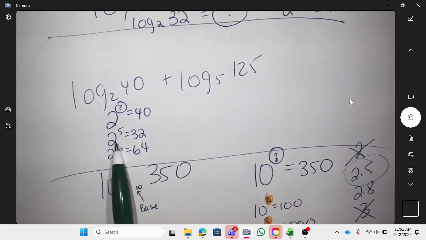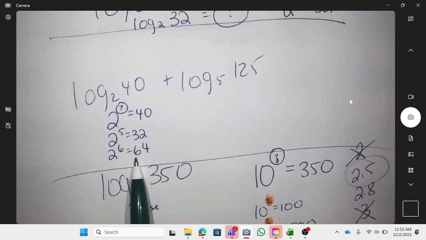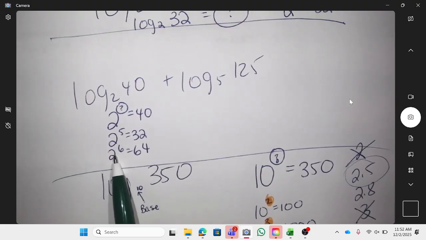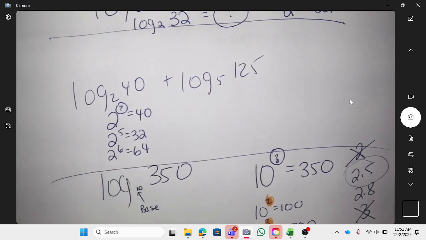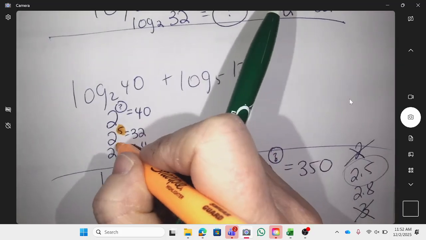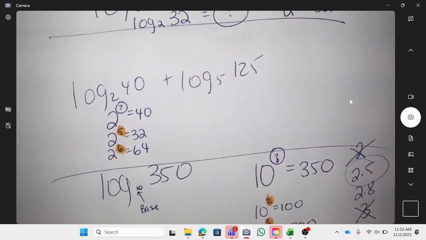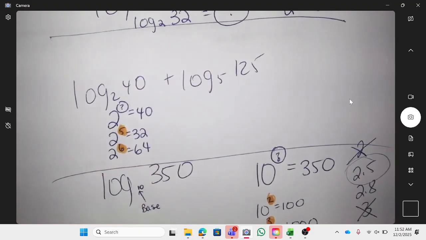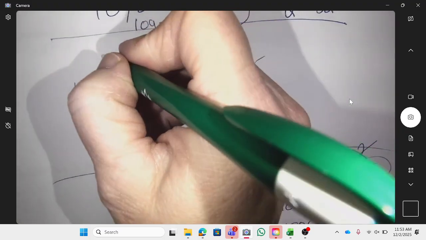Two to the what equals 40. So 5 point something. Your exponent would have to be between a 5 and a 6 somewhere, because 40 is between those.